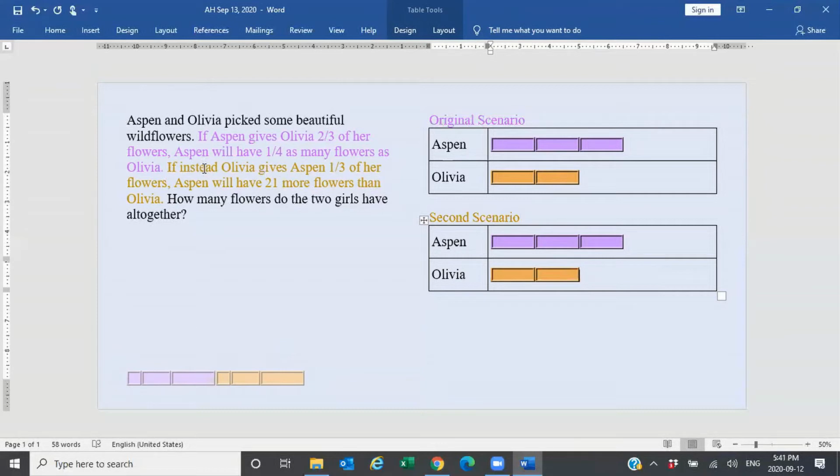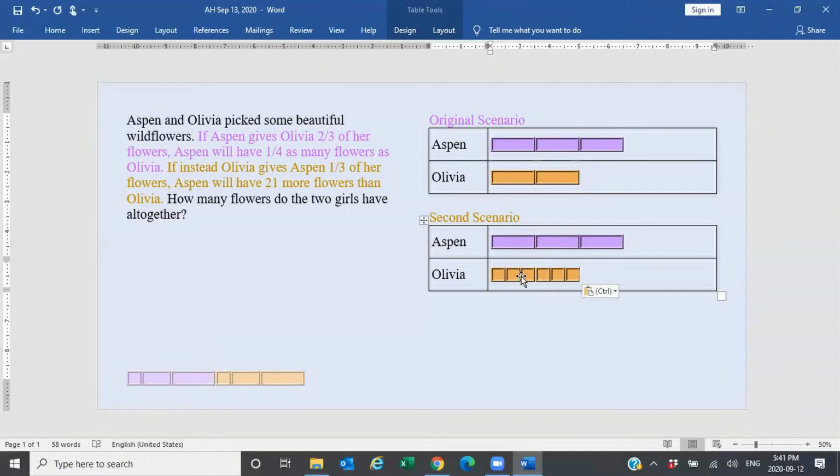It says, if instead Olivia gives Aspen 1/3 of her flowers, Aspen will have 21 more flowers than Olivia. But here's the thing. Olivia doesn't really have 1/3 that we could conveniently give to Aspen. So I'll get rid of this one and get some smaller versions.